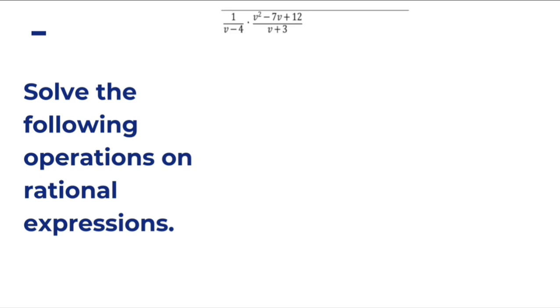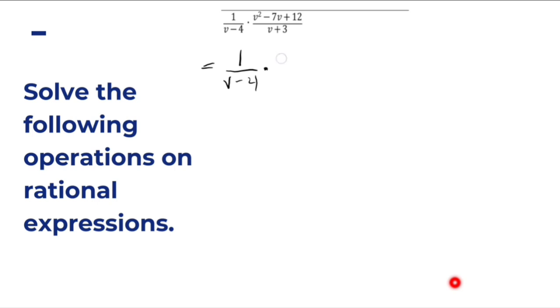Another example is 1 over v minus 4 times v squared minus 7v plus 12 over v plus 3. So again, factor them. 1 can no longer be factored, the same with v minus 4. Then v squared minus 7v plus 12 can be factored using sum and product pattern.